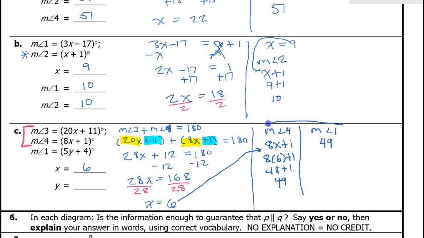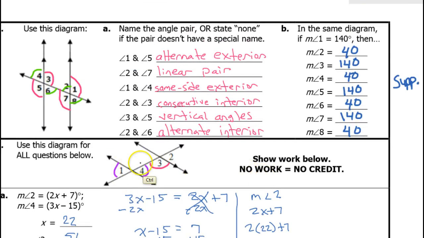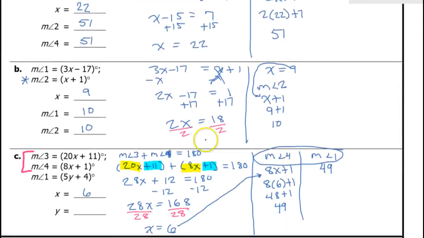Okay, because these are equal, all right? Angle 4 and angle 1, they're vertical angles. So we just found that angle 4 was 49. That means angle 1 is 49. So why do I care? I still need to find y. So now I know that 5y plus 4 must equal 49, because the measure of angle 1 equals 49.